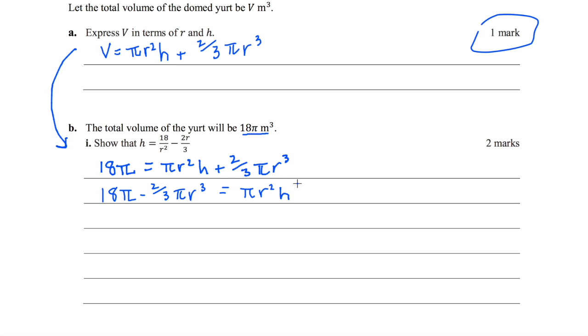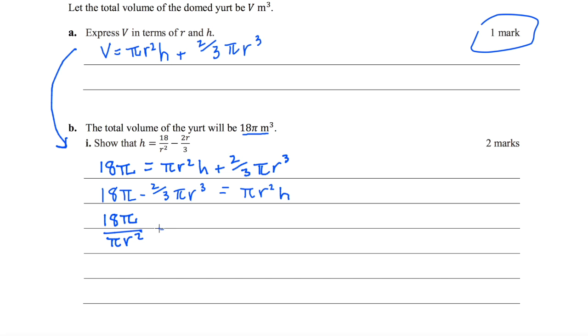Pi r squared h, good. And then we can divide everything by pi r squared. So let's see if we can do that. So it's going to be 18 pi, and let's do it in two separate things. 18 pi divided by pi r squared. Now this is where people get confused because we've got a fraction and then we're dividing it by another fraction.